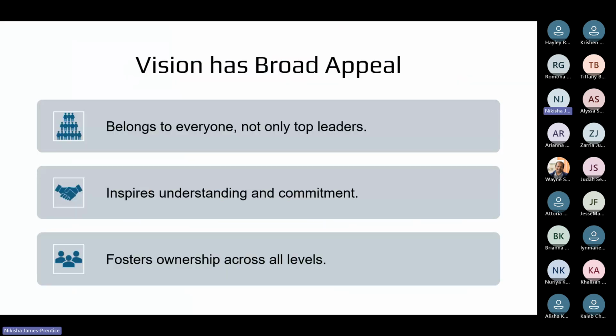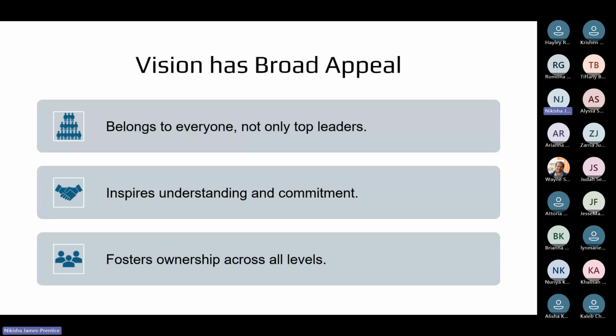Vision has a broad appeal. A successful vision connects with everyone in the organization, not just top leadership. Leaders must involve employees at all levels so they understand and believe in the vision. When a vision is shared and inclusive, it inspires emotional commitment and teamwork.